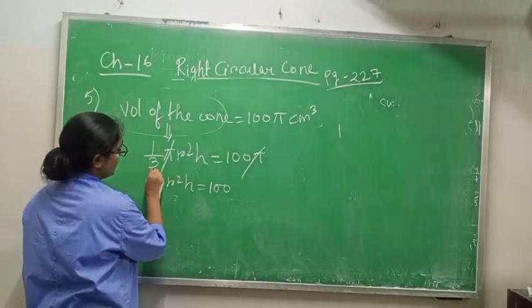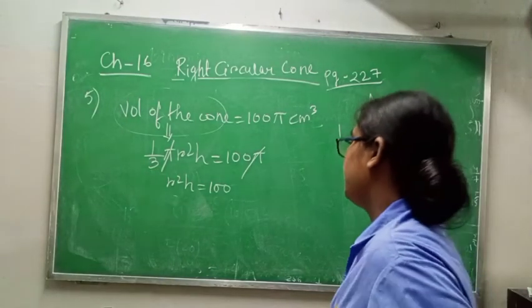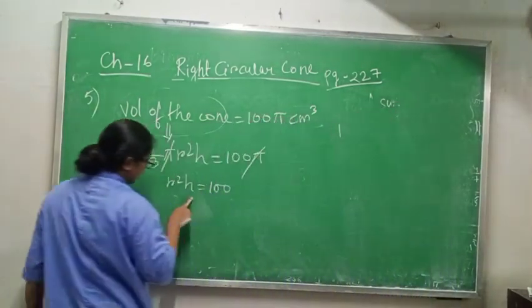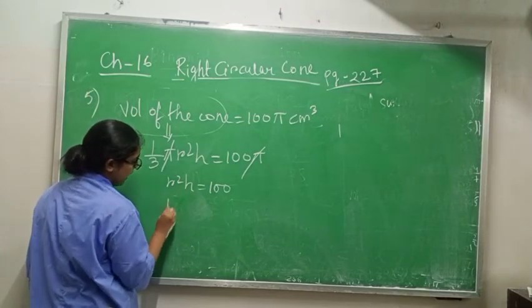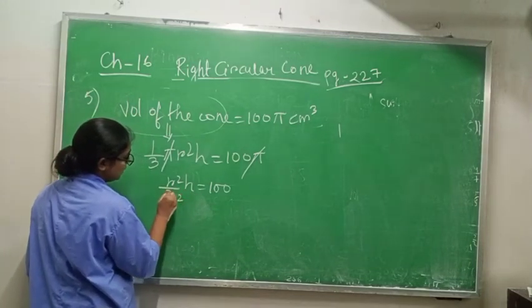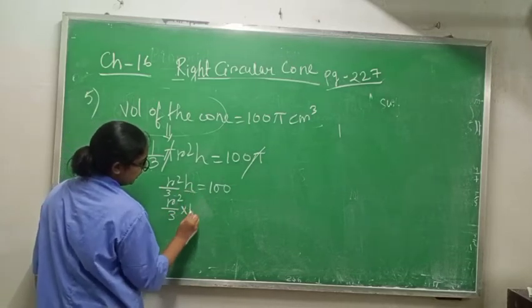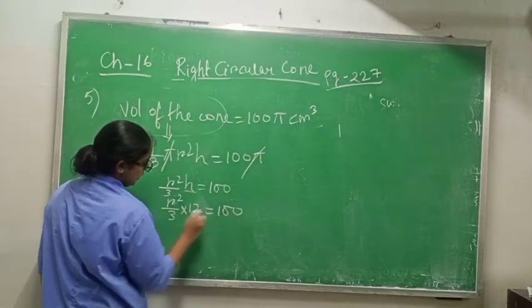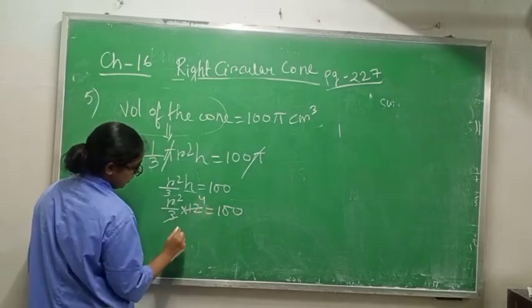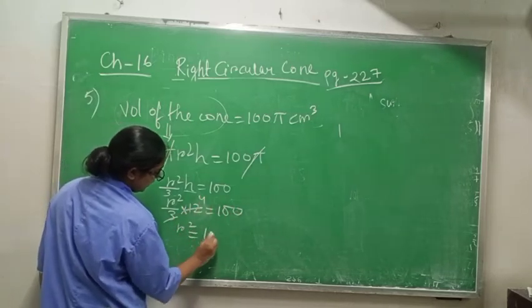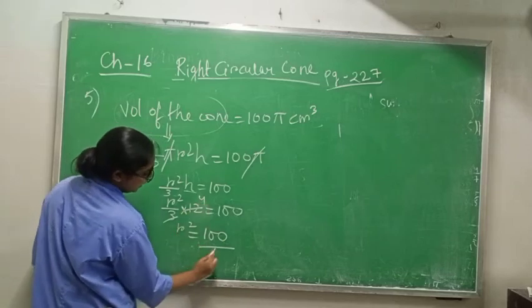Now this 3. Now what will happen? Here h value is already given to you. H is 12. So r square by 3. I forgot to write this 3. In place of h, what will you write? 12 equals 100. Now 3 ones are 3, 3 fours are 12. So r square equals 100 by this 4 will come down.